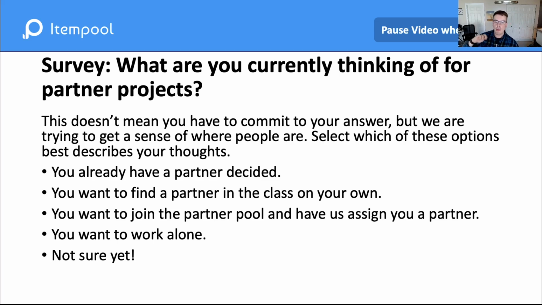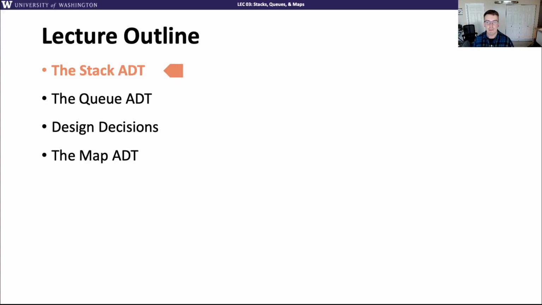Now, before we go into the other videos, I want to quickly overview what we're going to learn today. Today we're going to be talking about stacks, queues, and maps. You've probably heard of all of those before because they're discussed in CSE 143.